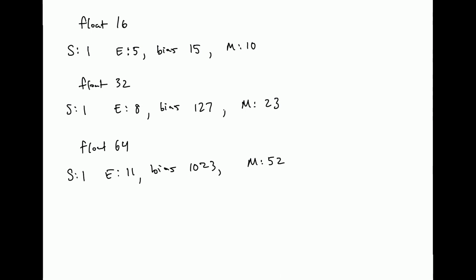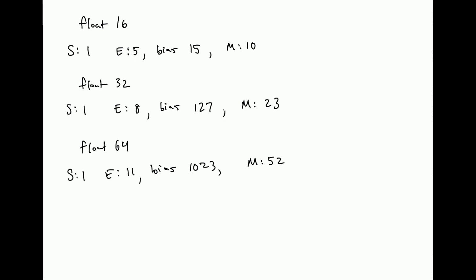Let's remind ourselves of the floating point formats, the three of them that we can do. There are more than these, but we'll concentrate our attention on these for the sake of sanity. We can do 16-bit, 32-bit, or 64-bit floats.